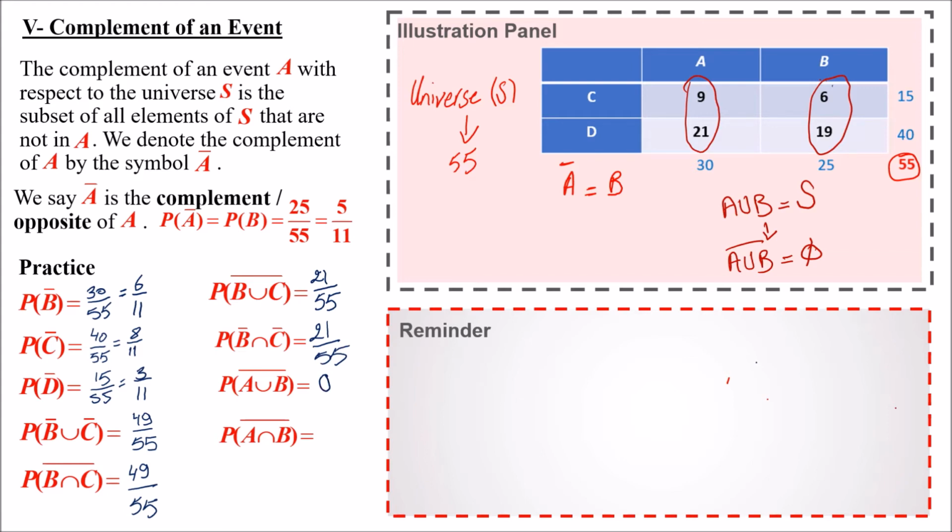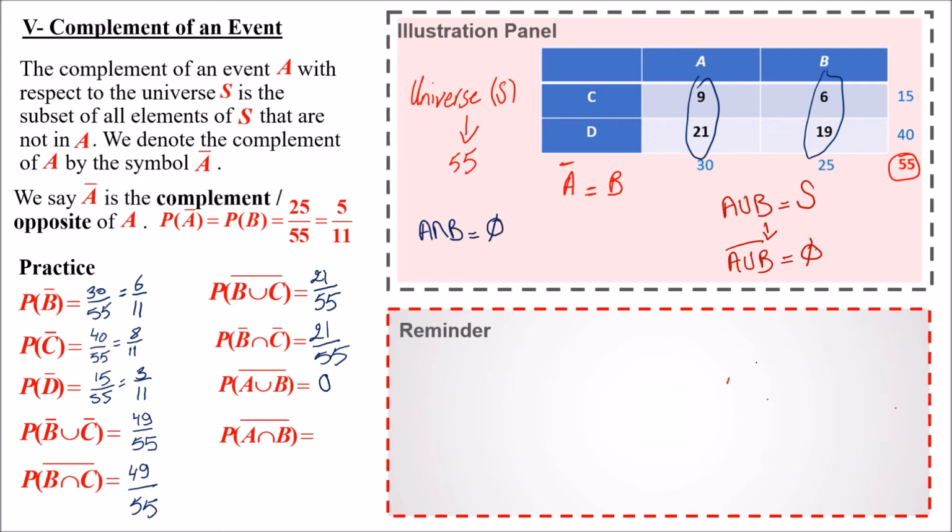Let's move on to the last point, which is the probability of A intersection B all bar. First, we find the probability of A intersection B. If we look here, this is A and this is B. You know, here A intersection B is equal to phi.